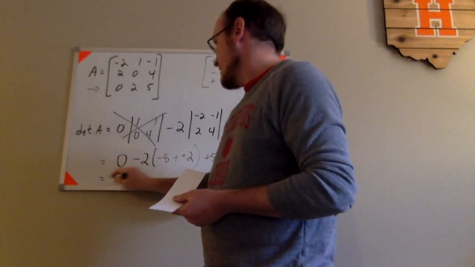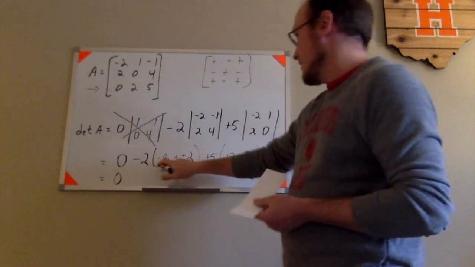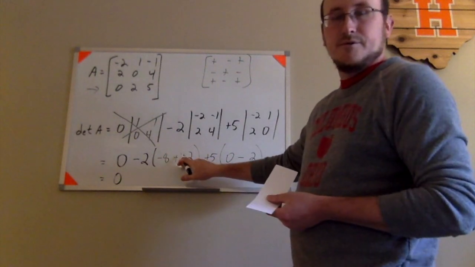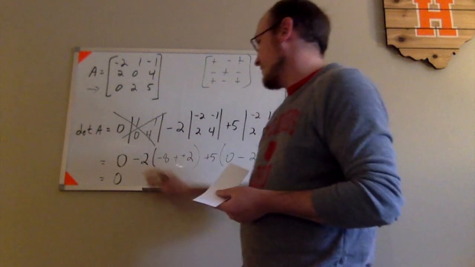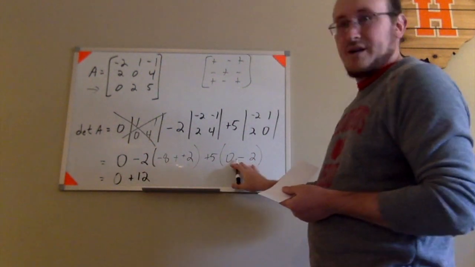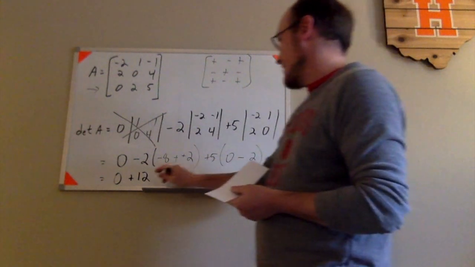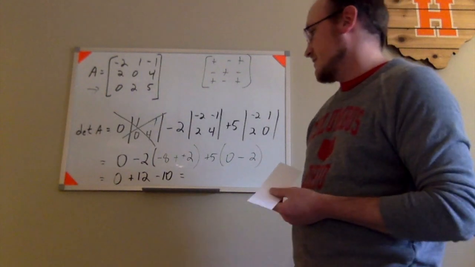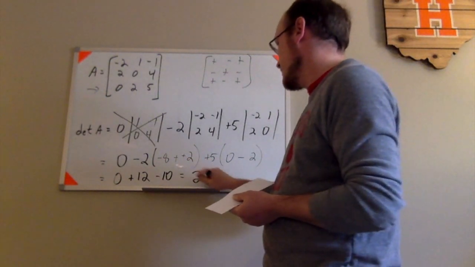And evaluating this, I have 0, and then in here I have -8 plus 2, which is -6, times -2, which is +12. And over here I have 0 minus 2, which is -2, times 5, which is -10. And evaluating this determinant, 0 plus 12 is 12, minus 10 is 2.